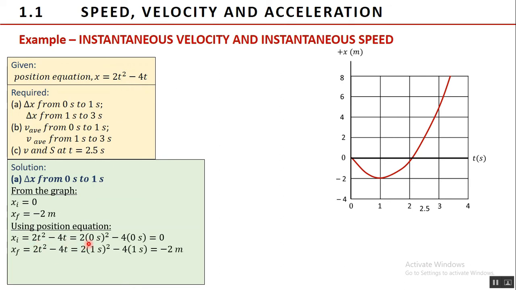So using the position equation, if t = 0 second, x_i = 0. If t = 1 second, x_f = −2 meters. These values agree with the values shown in the graph. So the displacement Δx from 0 to 1 second is −2 meters.